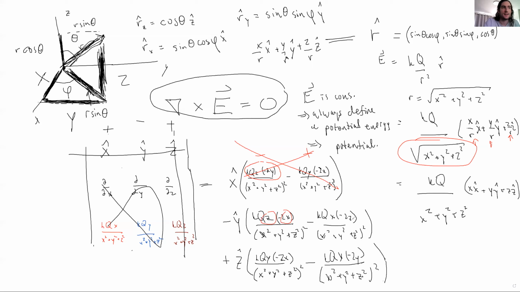Z and an x. Minus sign and a minus sign cancel. This term is negative. This term is positive. These guys are 0. Last term, y and an x and a y. Minus signs cancel. This term is positive. This term is negative. It's 0.